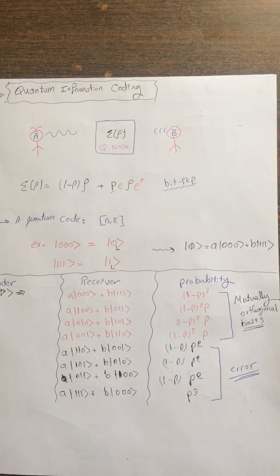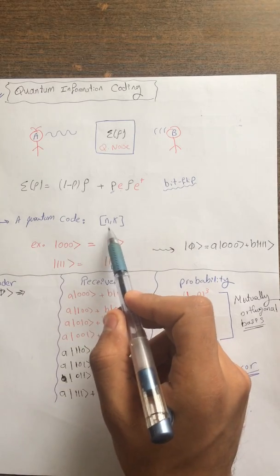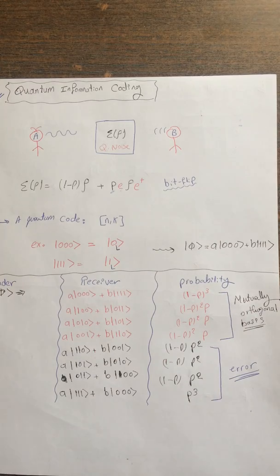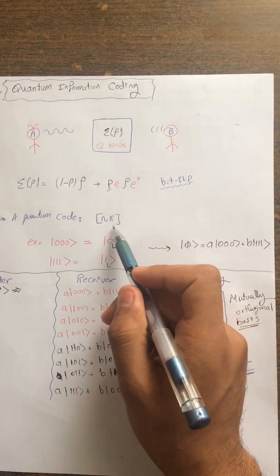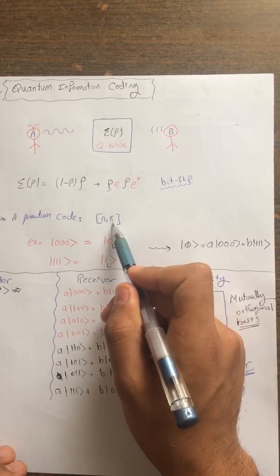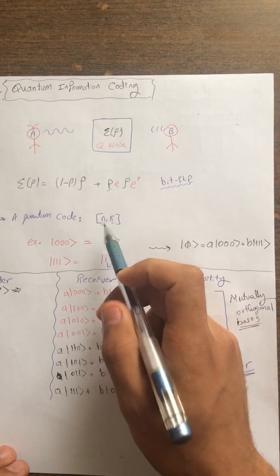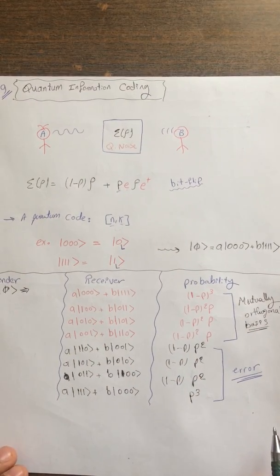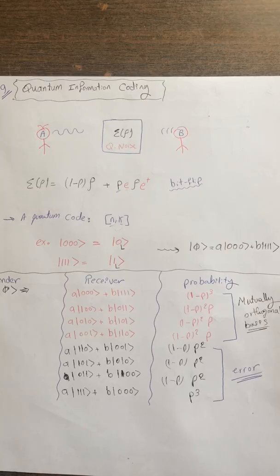But let me lastly say that the quantum code of this kind of coding is important when I would like to identify the k-qubits, or say the k-qubit subspace, which is part of the Hilbert space. So now I'm getting more wideness of the Hilbert space, and how can I error correct that in the corresponding space. So thanks a lot for watching, and see you in the next video.